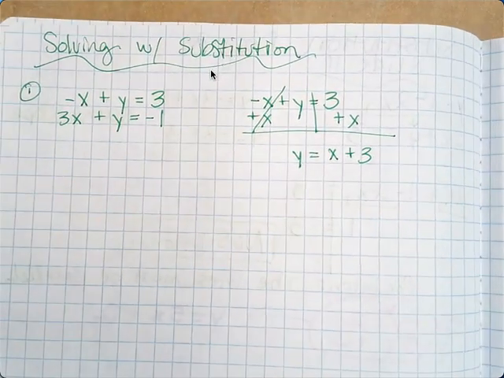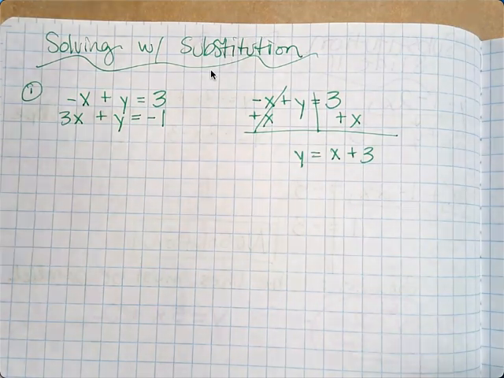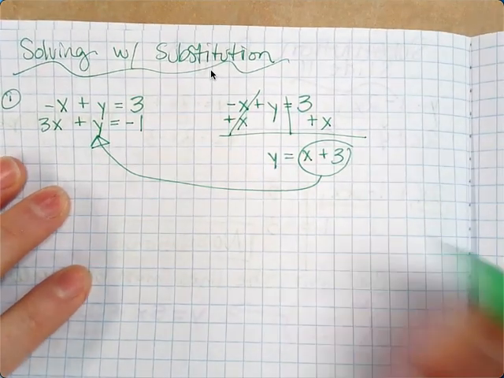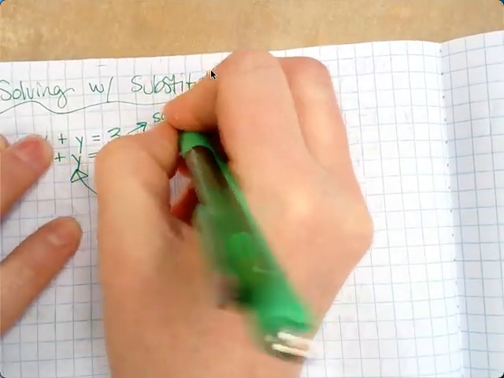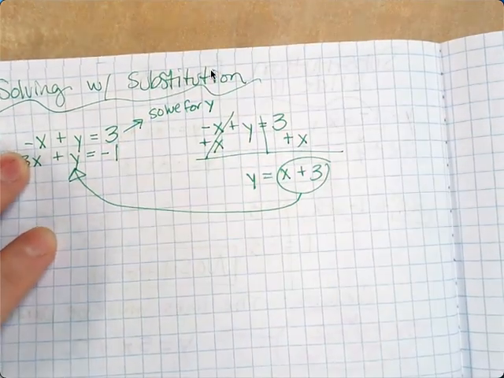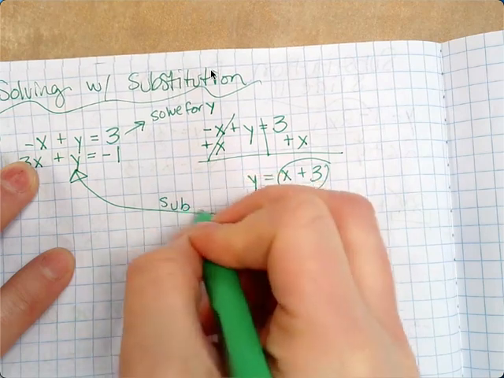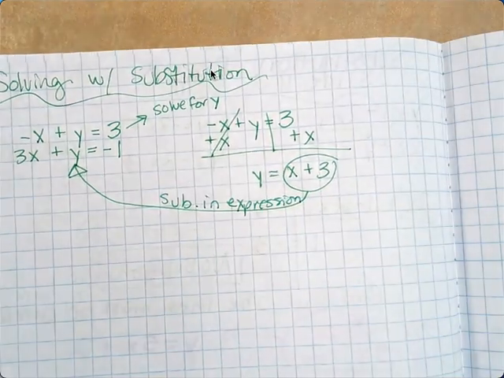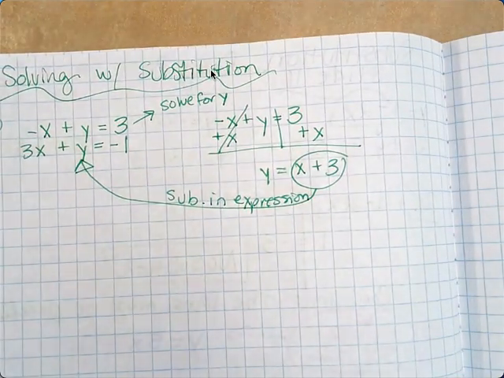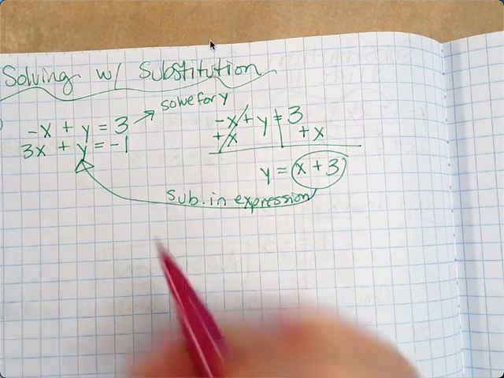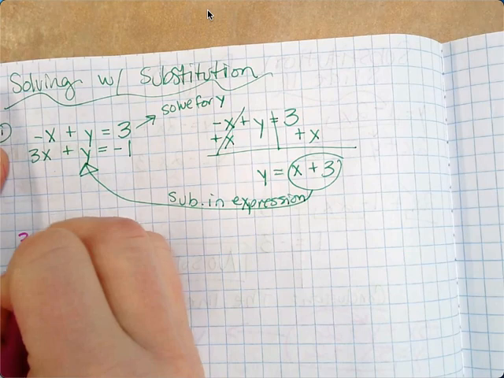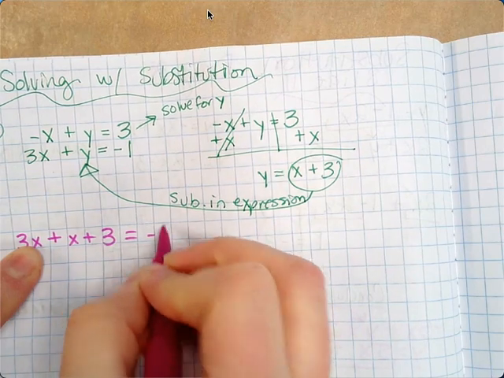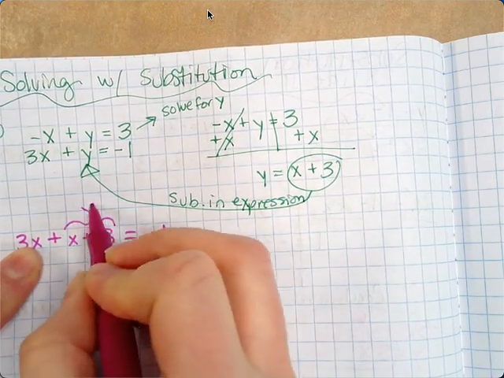So now that you have a variable solved for an expression, you can plug this in to the other equation for y. So our first step, solve for y. Next step, sub in expression. So now we're back to the rest of our steps as usual. So instead of saying 3x plus y equals -1, we're going to say 3x plus x plus 3 equals -1, because this was y.